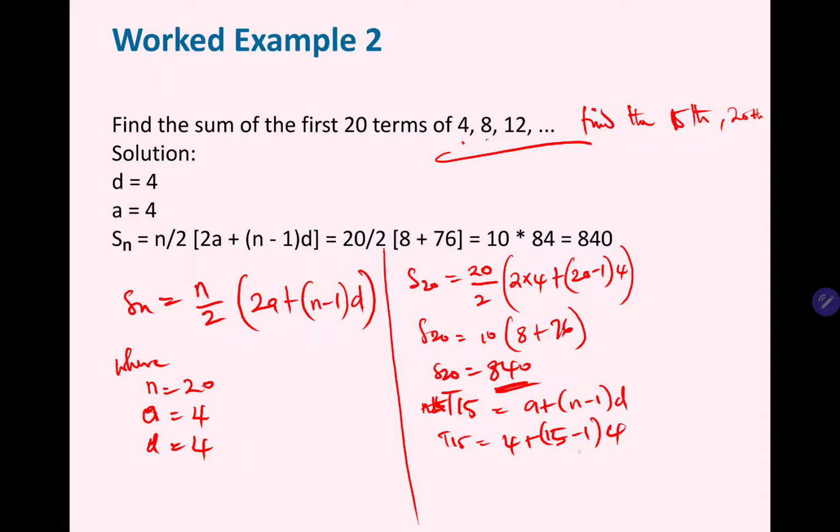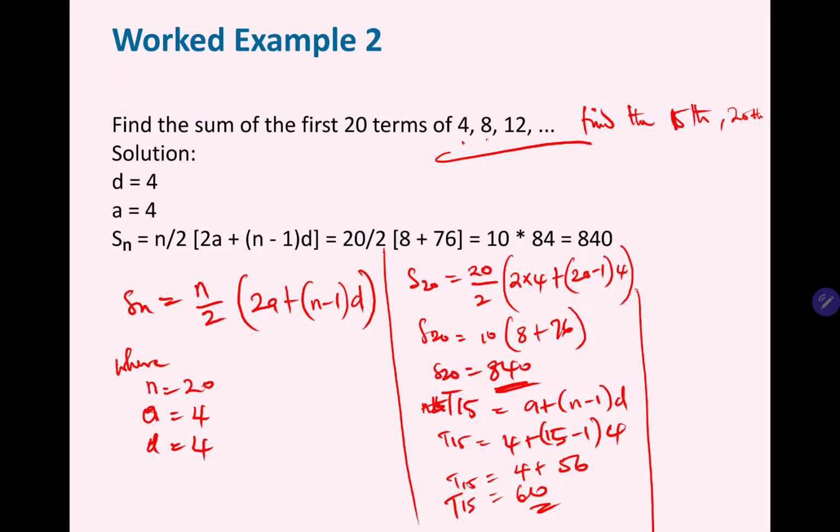So 15 minus 1 is 14 times 4 is 56 plus 4. This will give us our 15th term. And our 15th term is the same thing as 60, okay?